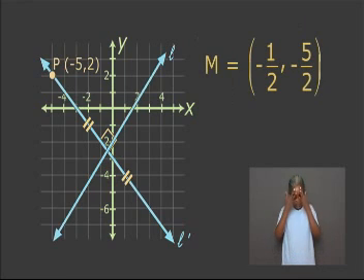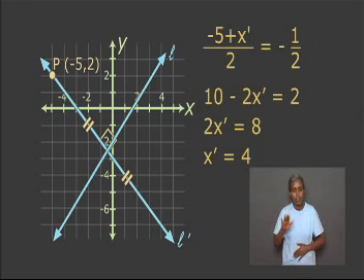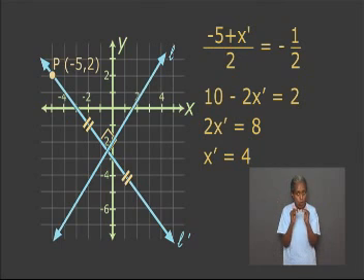We have determined that the intersection of L and L prime is at coordinates -1/2 and -5/2. Remember, that is the midpoint of the line between P and its image. (-5 plus x prime) over 2 is equal to -1/2.